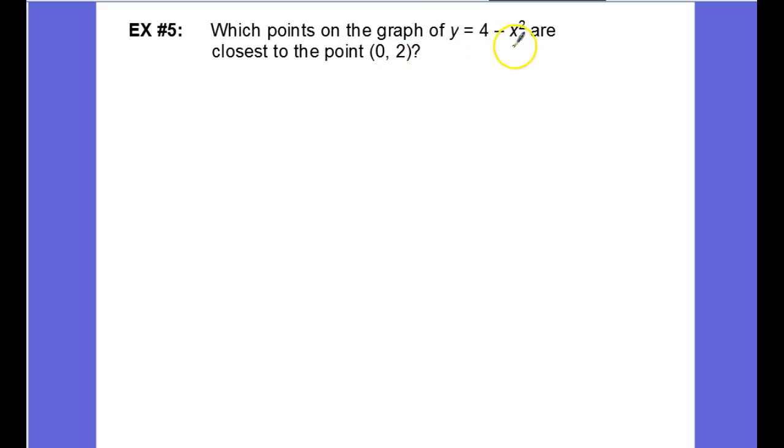So we've got an inverted parabola, and there are two particular points on the parabola that have the shortest possible distance to (0, 2), and we've been tasked with finding out what they are.